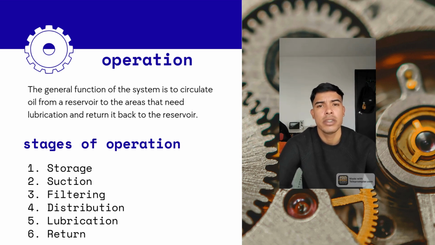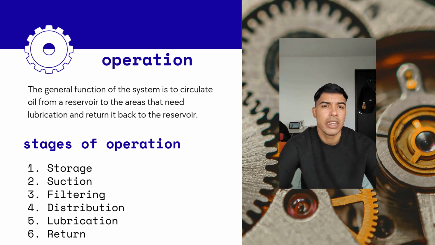4. Distribution. Clean oil is delivered under pressure through internal passages to components like the bearings, the crankshaft, the camshaft, pistons, and valves. 5. Lubrication. The oil forms a protective film between moving surfaces to reduce friction and wear. 6. Return.